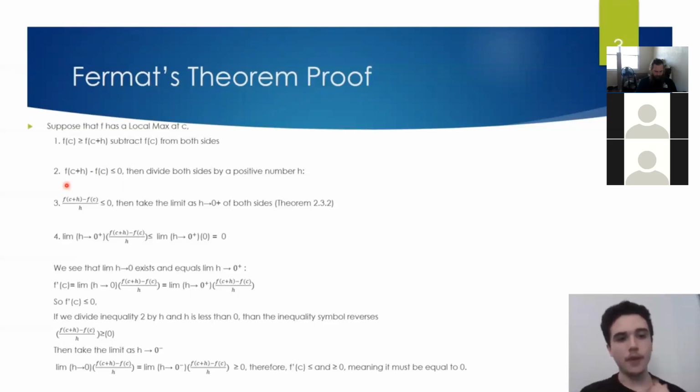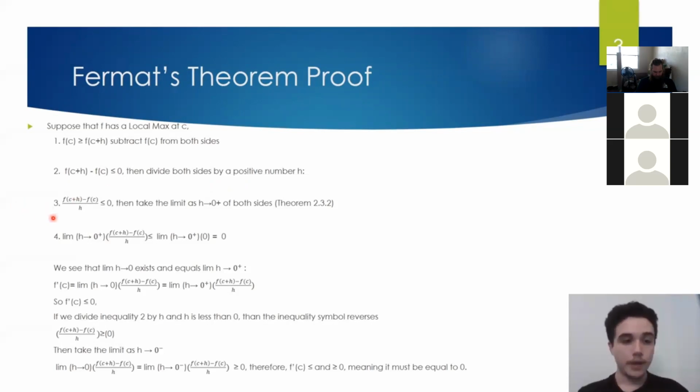So we have f of c plus h minus f of c is less than or equal to 0. Then we divide both sides by a positive number, h. And the fact that it's a positive number is really important at this point in the proof, because whether h is greater than or less than 0 is going to affect how we prove the second part of this theorem.